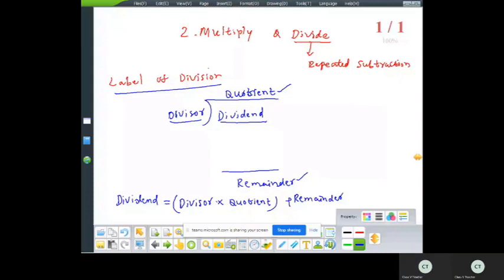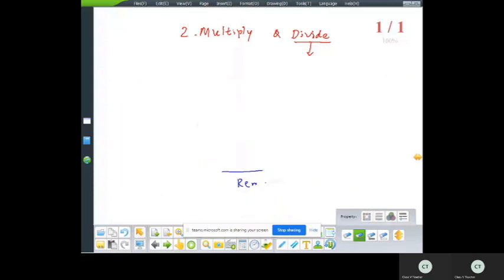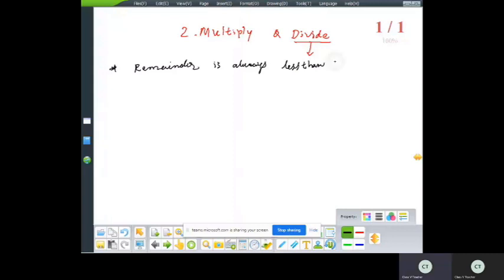And next point, remainder is always less than the divisor.